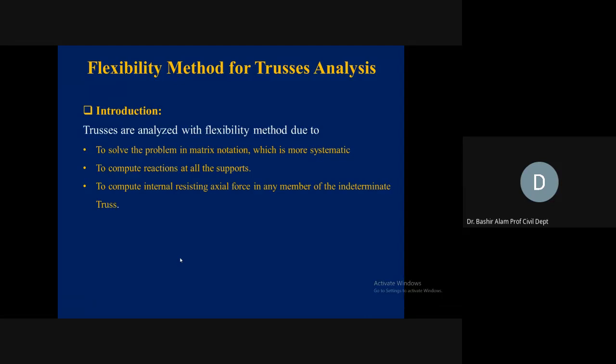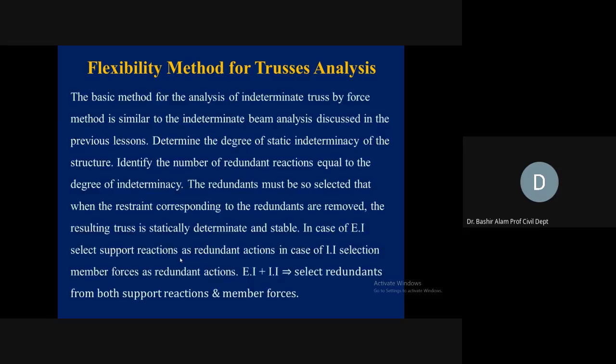So first we write them in the matrix notation form, and then we solve the matrices. And especially this is easy now with the help of the computer. We can find out the support reactions by using this, and we can find out all the internal resisting axial forces with the help of this method.